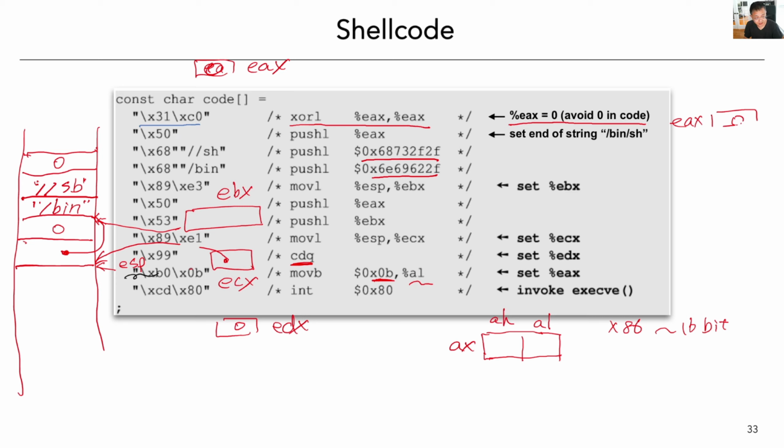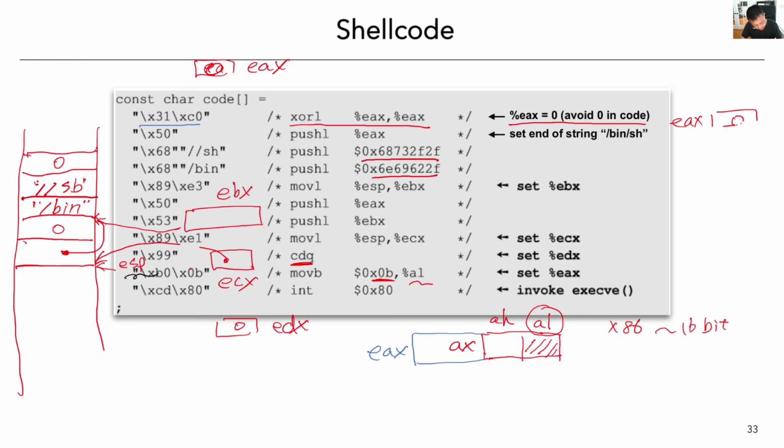AL is the lower byte, AH is the higher byte. Later, they extended this x86 architecture into a 32-bit architecture. So now we have EAX, or extended AX. But you can still use AL to access this part of the register.